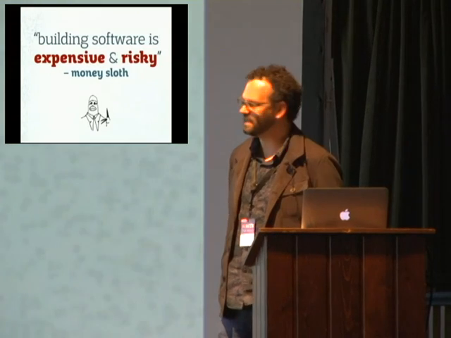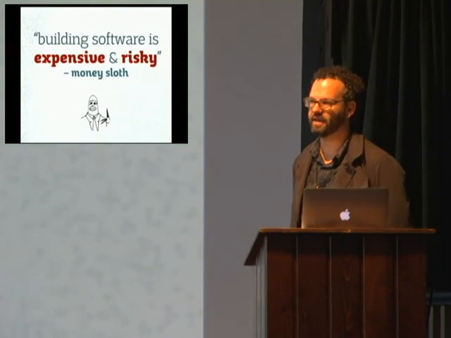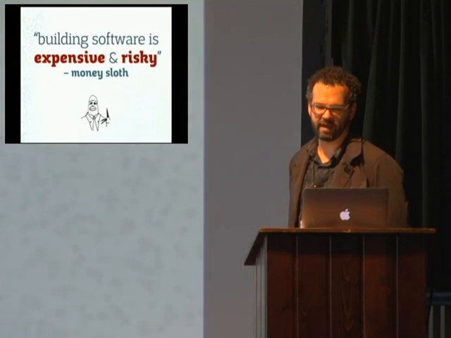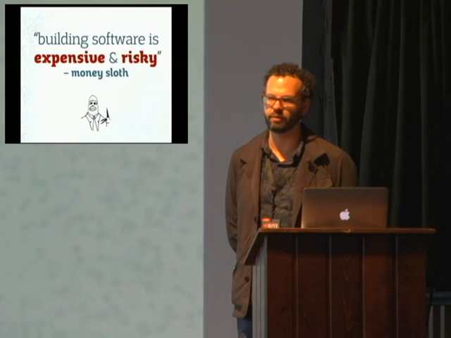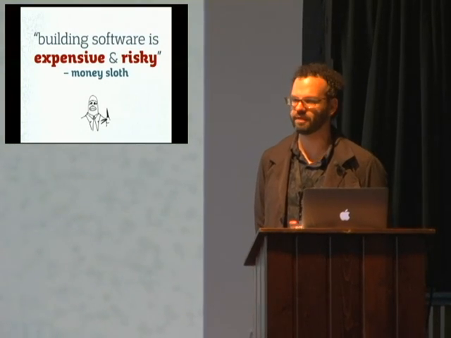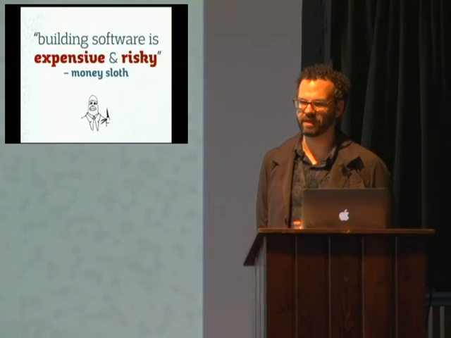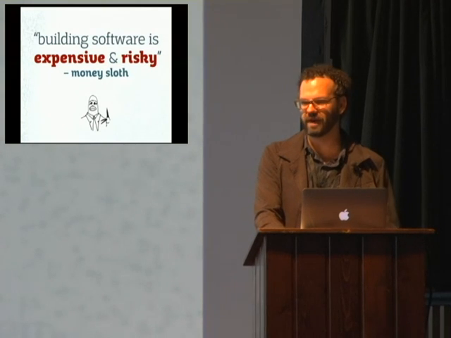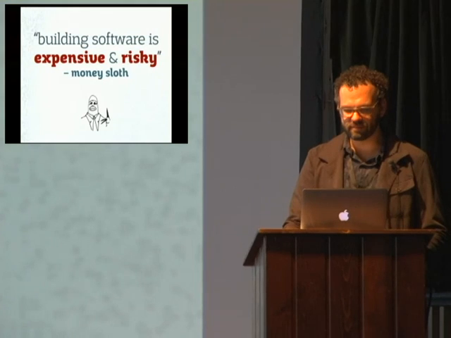But ultimately what it comes down to is that I believe building software is expensive, and there's a lot of risks to it. Those of you who are here in Oregon are probably familiar with the Cover Oregon website, which I believe the state has spent a lot of money on, and they're having to declare it a failure and go back to using the Affordable Care website for the national healthcare.gov.